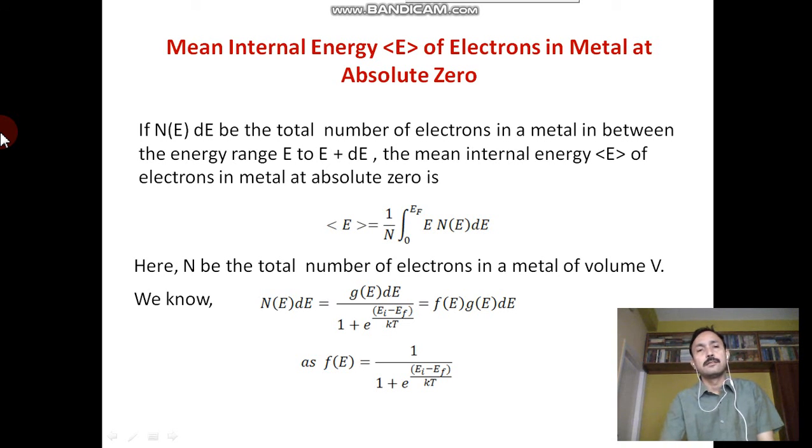From our previous discussions, today we will find out the mean internal energy, or average energy, of electrons in a metal at absolute zero.